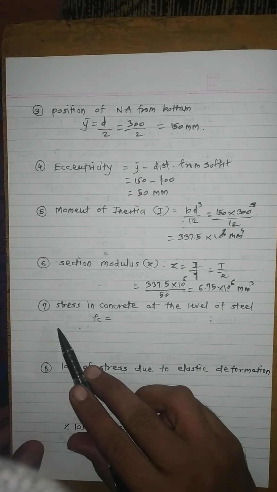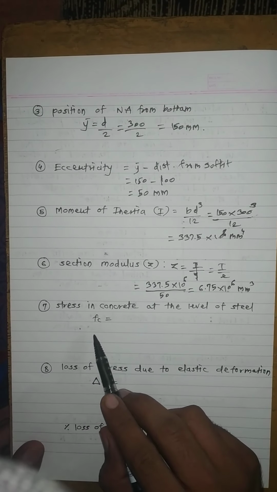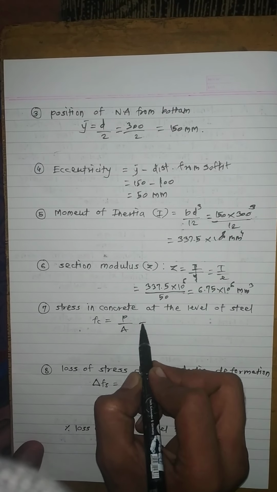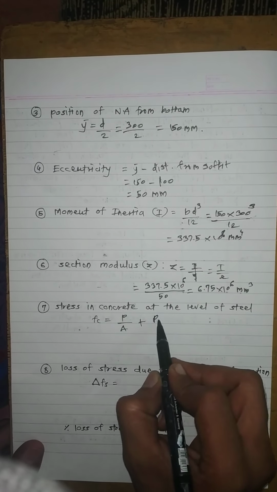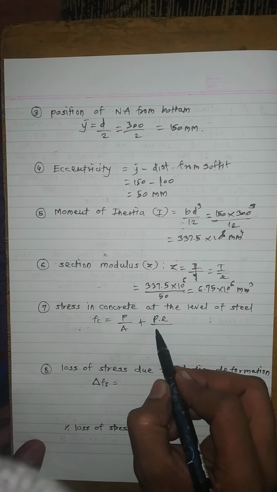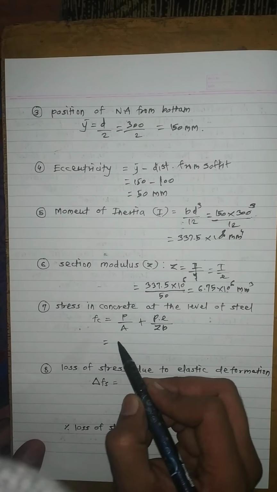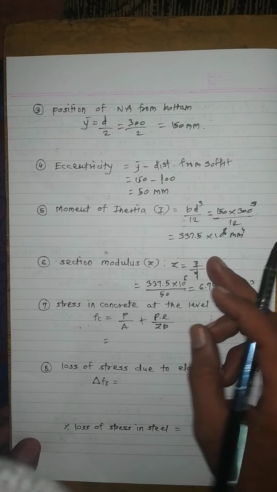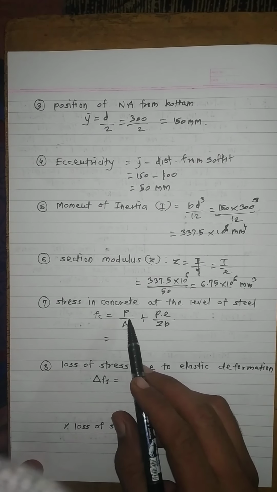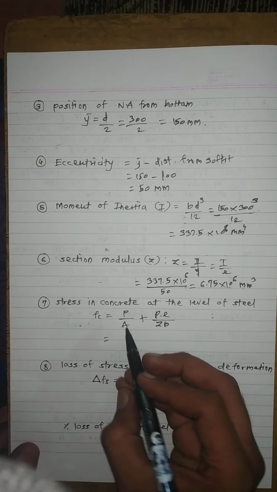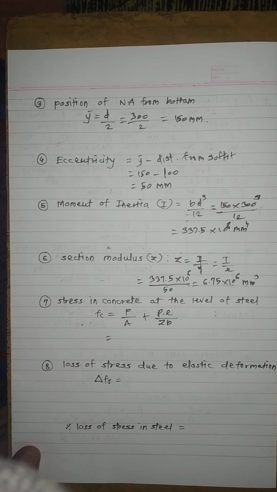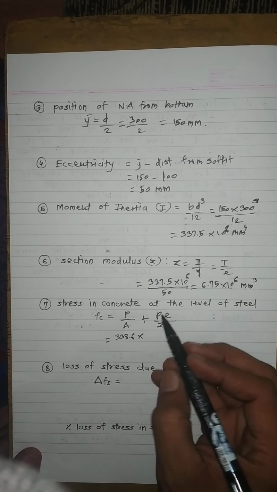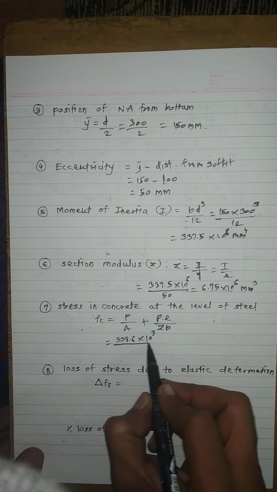Then step number 7, to find the stress in concrete at the level of steel, that is fc, and fc equal to P by A plus Pe divided by Zb. P we already found from stress, which is 338.6 into 10 to the power 3, divided by area.